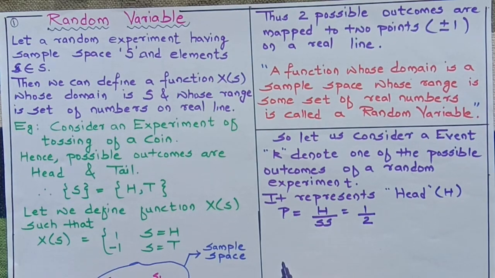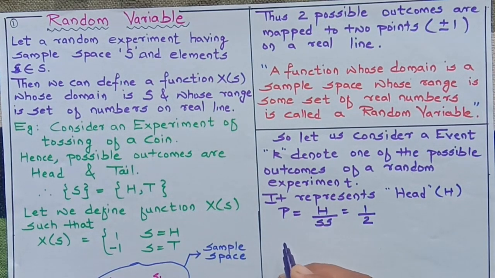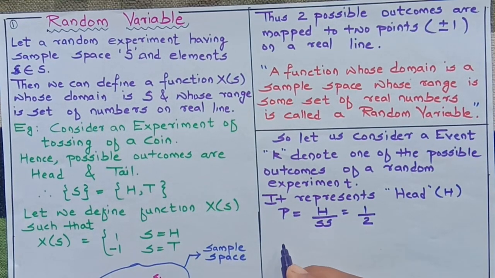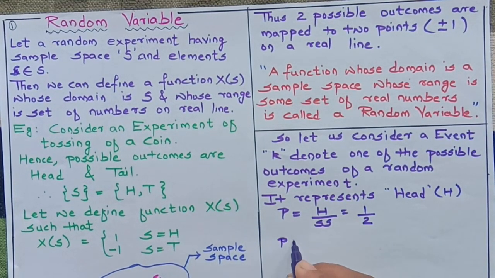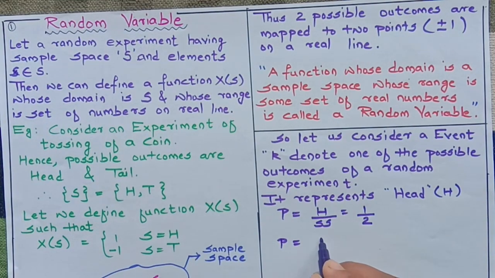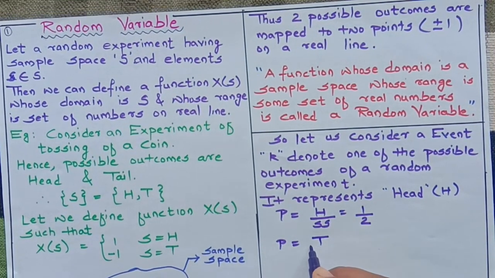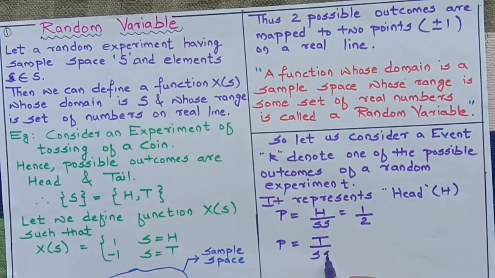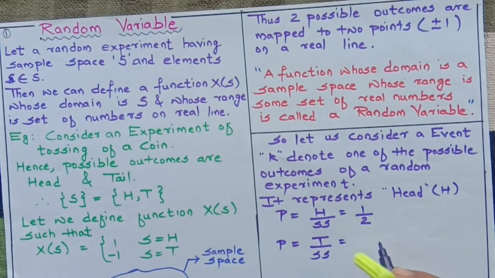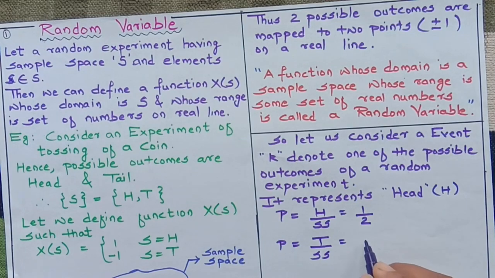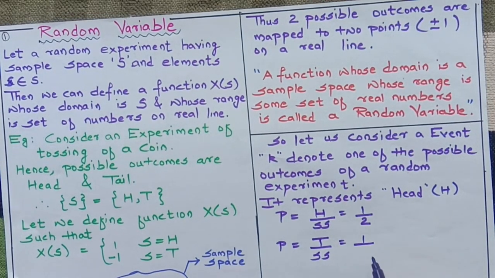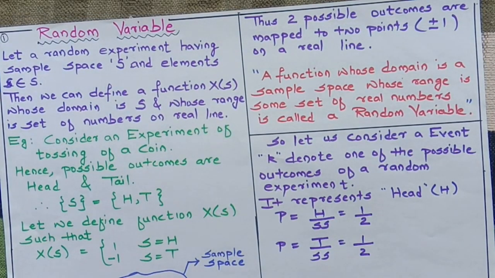Similarly, if we are talking about tail, then the probability of the outcome tail is t upon sample space. Here also the sample space is 2, so it becomes 1 upon 2.